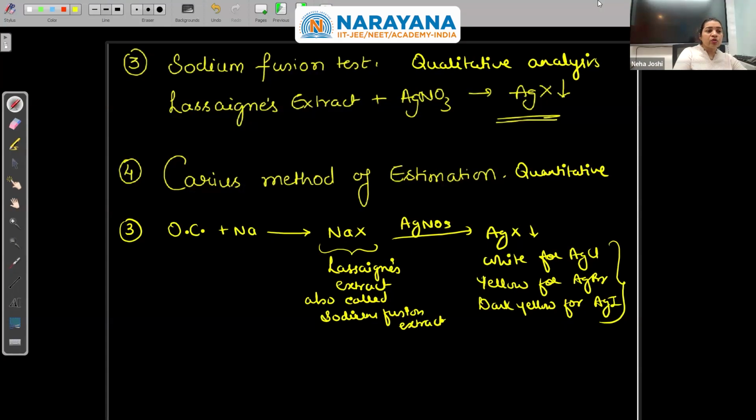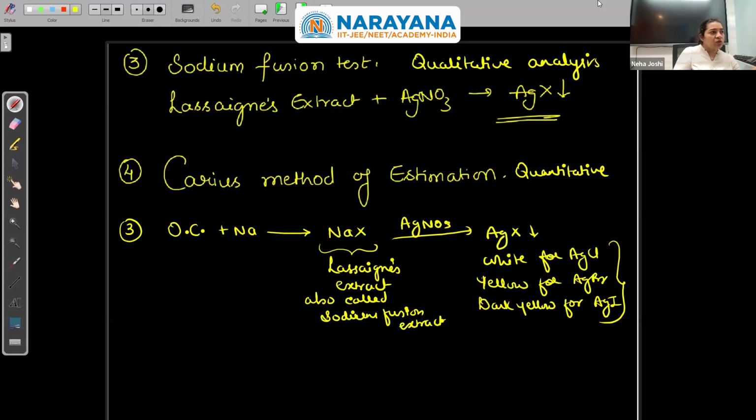We have to fuse it completely, because in an organic compound, halogen, if present, is still in the form of a covalent compound.